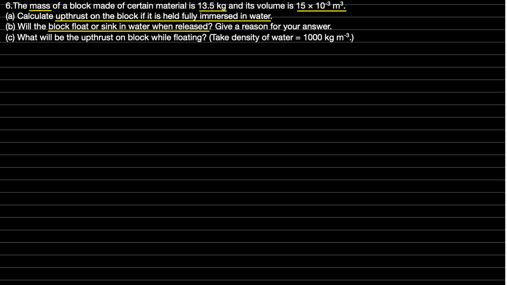So coming here, calculate the upthrust. So for finding the upthrust, we can use the formula V into rho into g. So I would be writing the given data, that is mass is given as 13.5 kg.